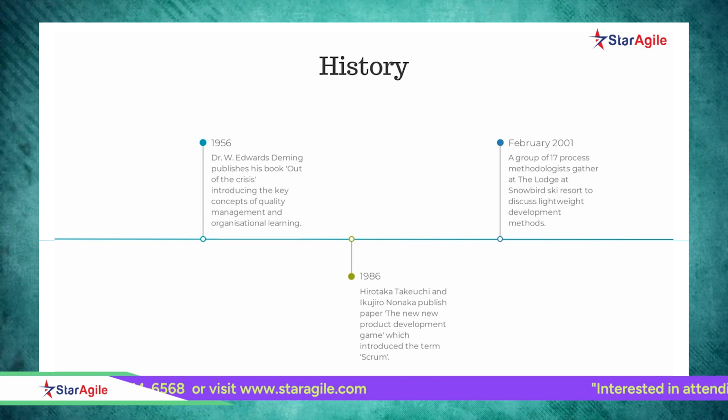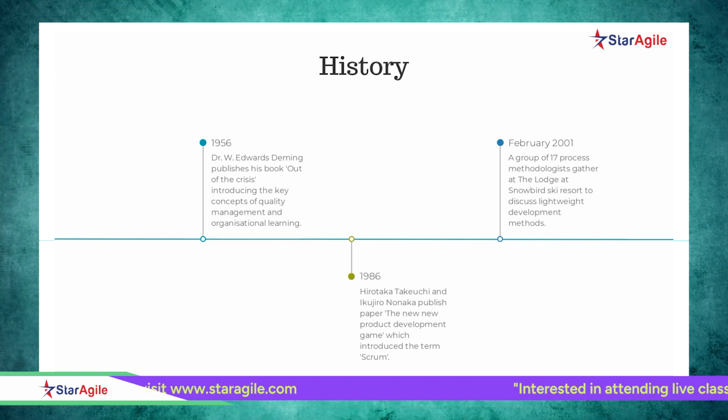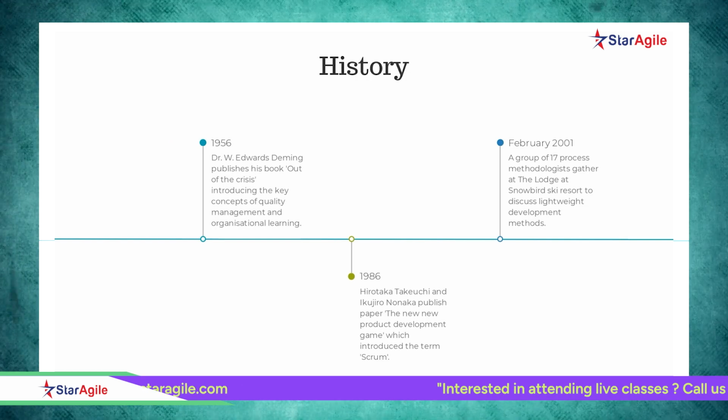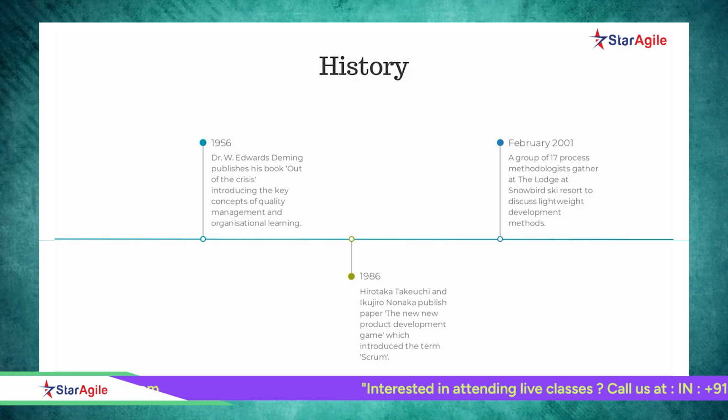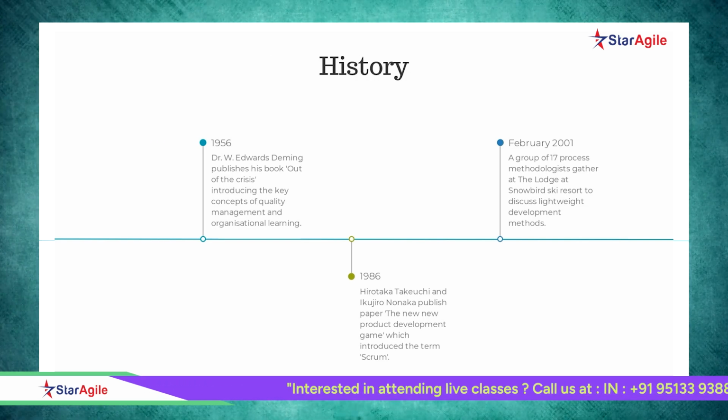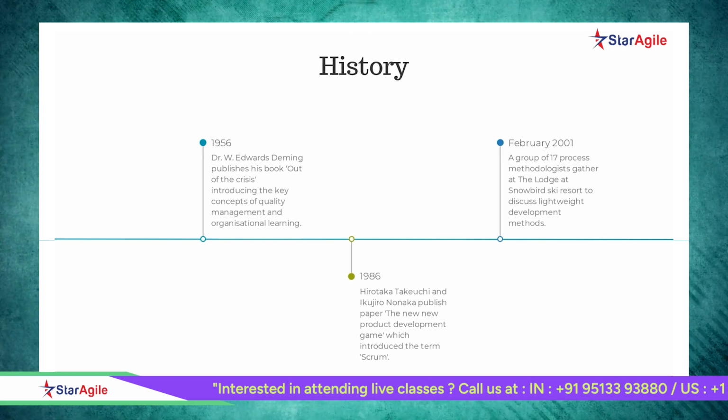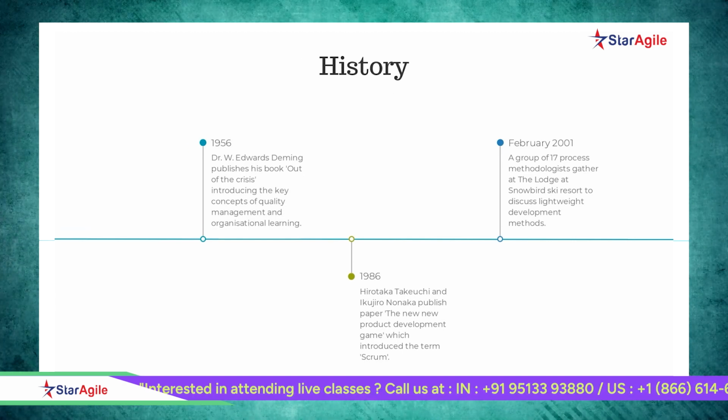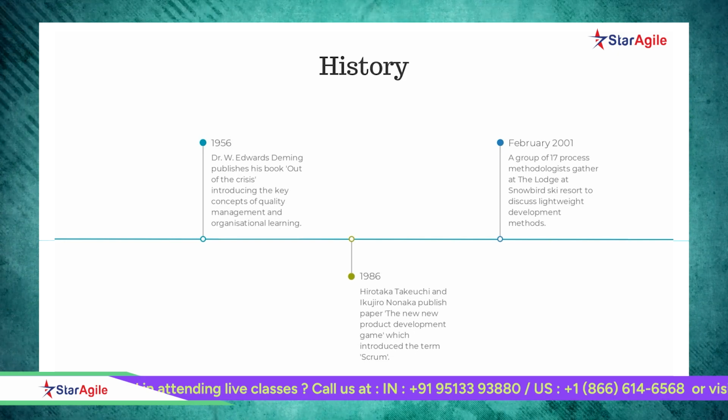He compared it to the game of rugby, where a team tries to go the distance as a unit, passing the ball back and forth, and where a team may employ different tactics to make the best use of its talent.